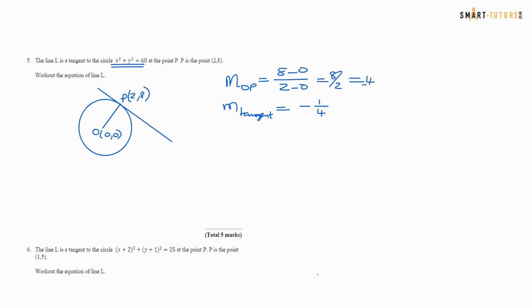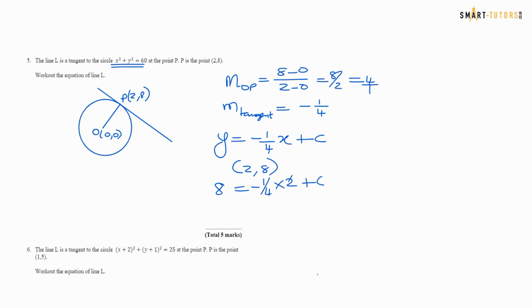Always remember, 4 upon 1, if you flip it, is 1 upon 4. So the equation is y equals minus 1 upon 4 x plus c. The point (2, 8) is passing through that line. So y, which is 8, equals minus 1 upon 4 times x, which is 2, plus c.